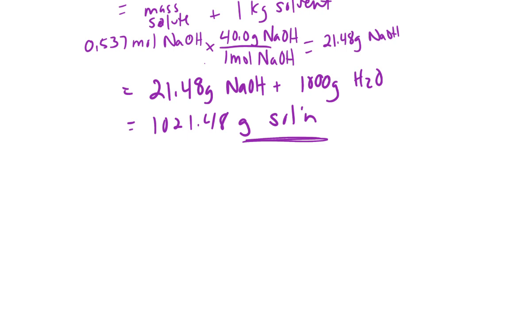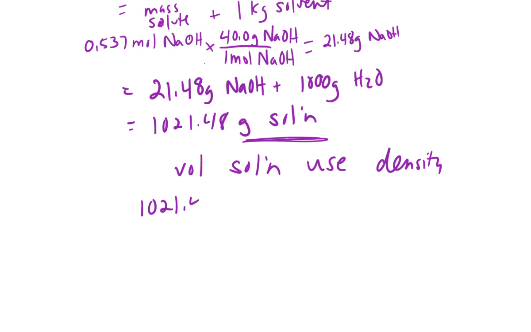So we can find the volume of the solution using density. 1,021.48 grams of solution, and we'll divide by the density, 1.13 grams of solution per milliliter of solution.